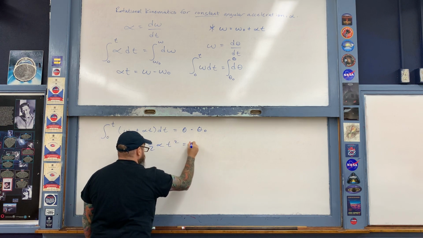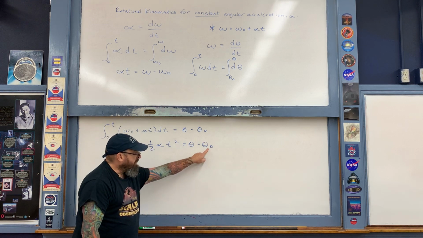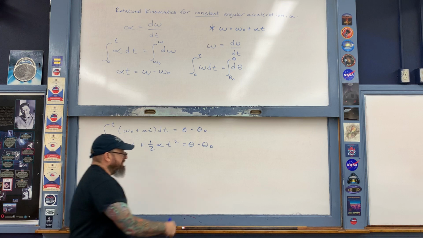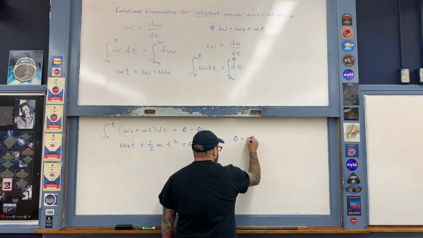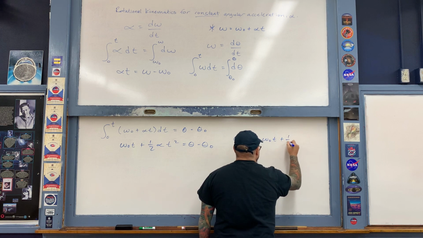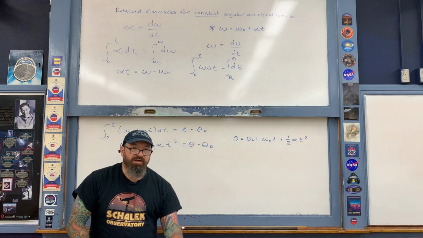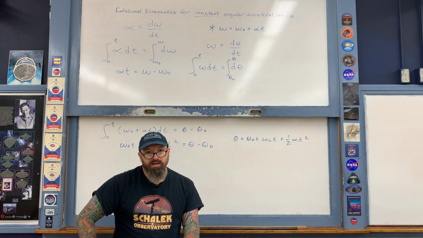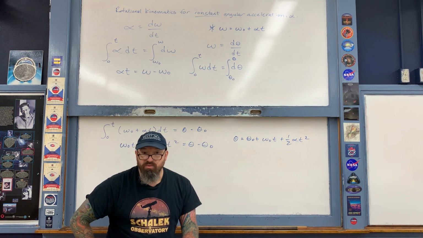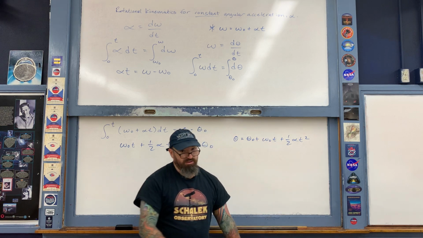There we go, like so. And then the last step is to move the initial angular position to the other side of the expression, and then therefore we end up with this, like so. Once again, I did this fairly quickly because you've seen this process before. This is obviously the rotational equivalent of x equals x naught plus v naught t plus 1/2 at squared.